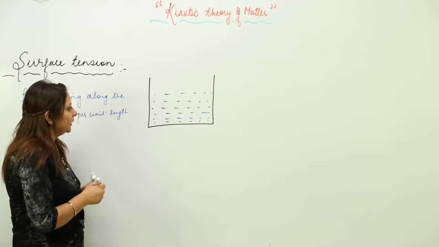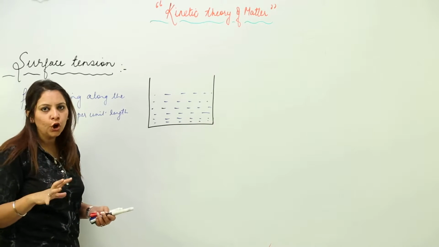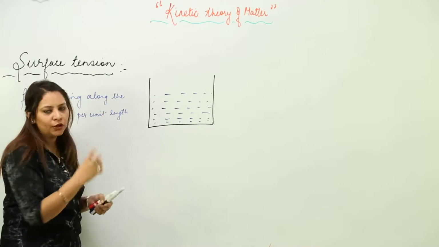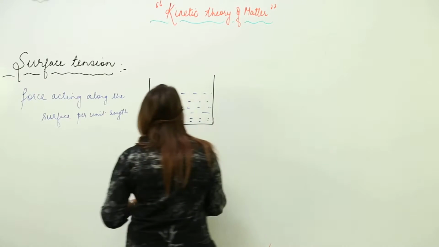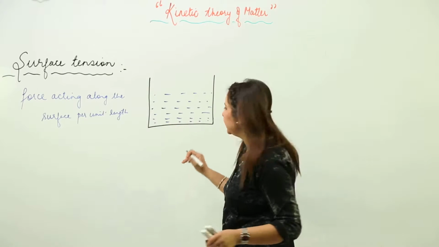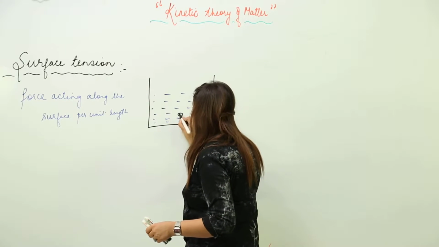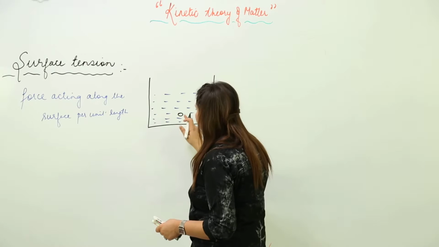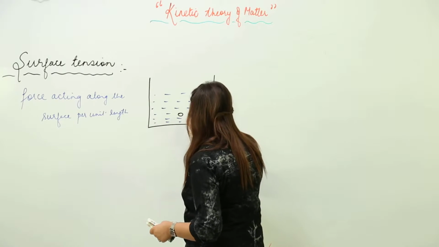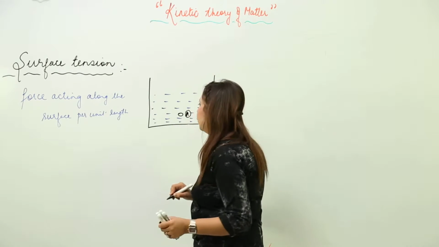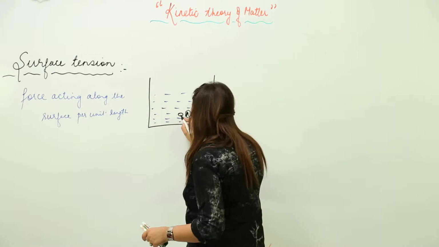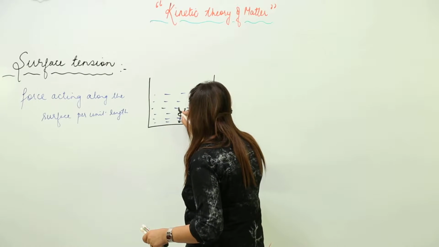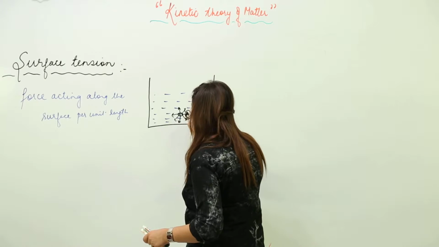First I am going to explain the cause, then we will come to the main point, that what is surface tension. Suppose I consider this is a beaker and I have water in it, let us consider a water molecule here, at point A. This molecule is being attracted from all sides by cohesive forces.